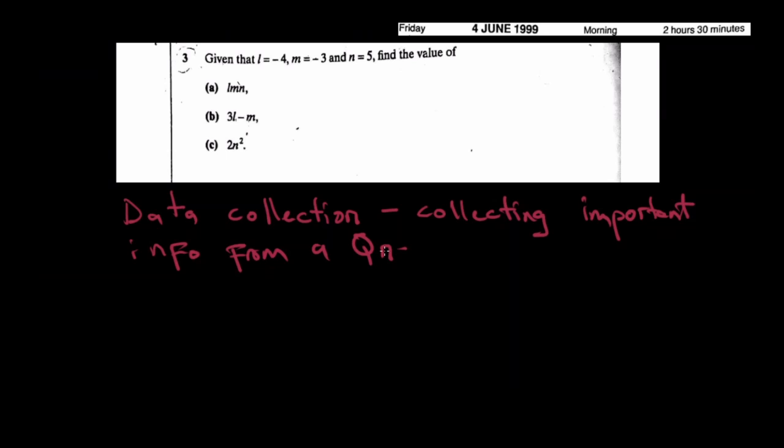I'm going to demonstrate what I mean by data collection. It's very important, especially if the word question becomes large and there are many values and many variables used within it, that when you read the question, you collect what is important and you reserve it somewhere.